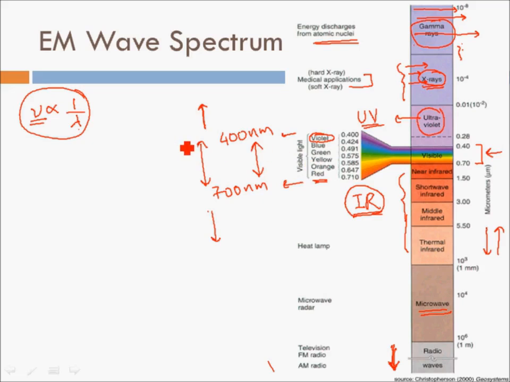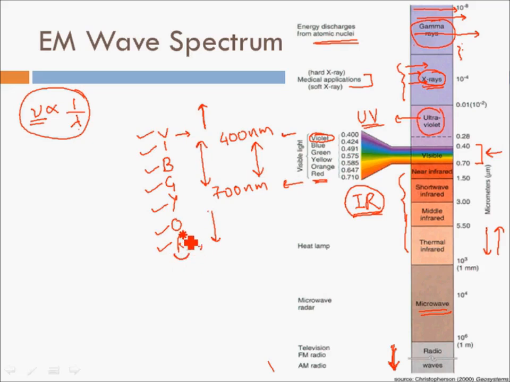This transition you can remember as VIBGYOR, that is, the 7 colors which we can see even in rainbows: violet, indigo, blue, green, yellow, orange, and red. You have to remember that its approximate range starts from 400 nanometer and ends at 700 nanometer.